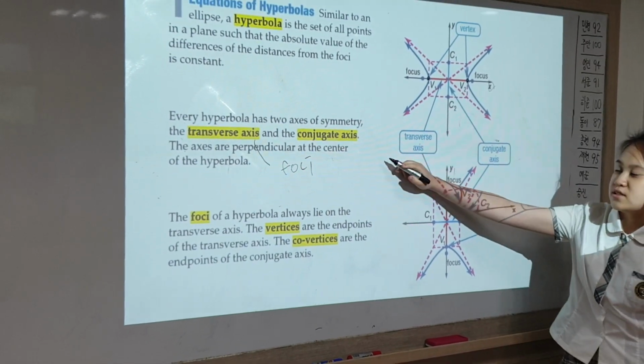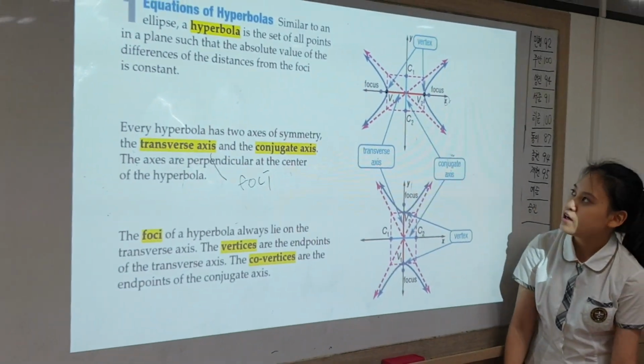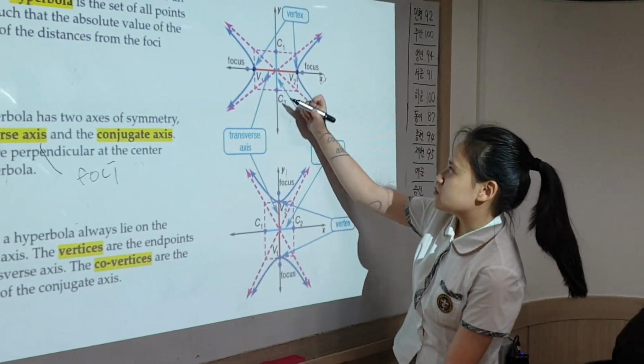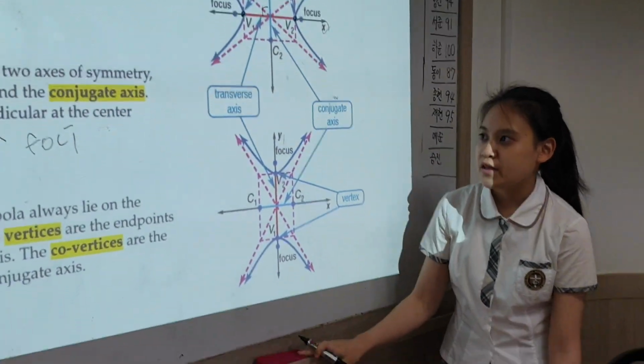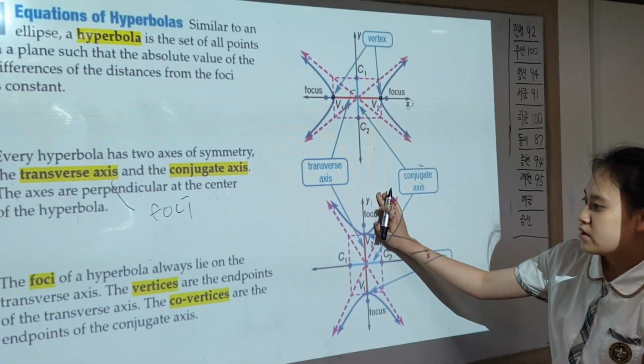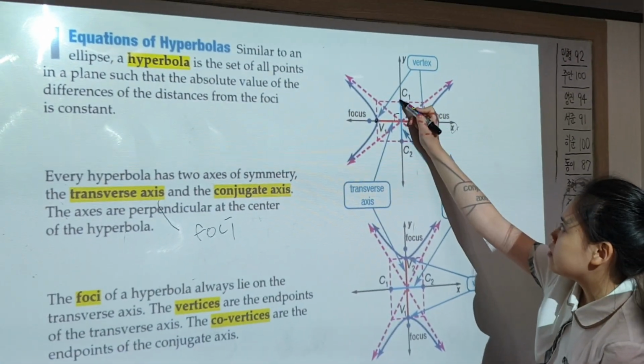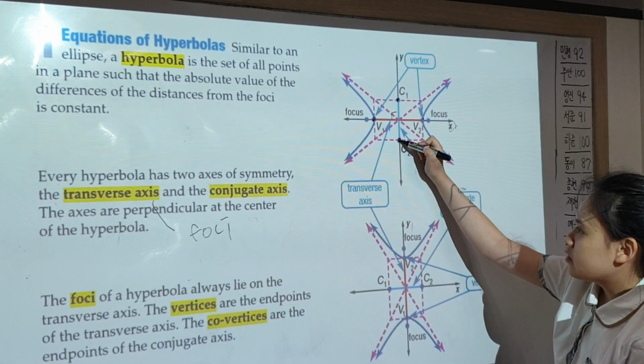The conjugate axis is the other type of axis of symmetry, and it's perpendicular, which means 90 degrees, to the transverse axis. Its endpoints are the co-vertices, which will be this point and that point.